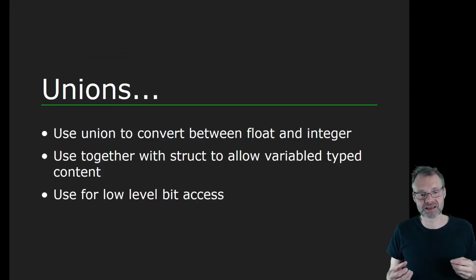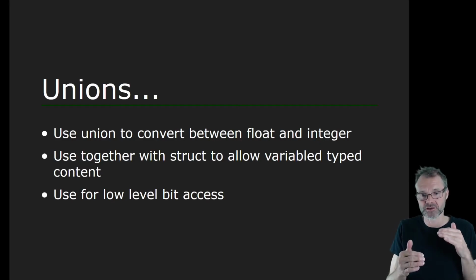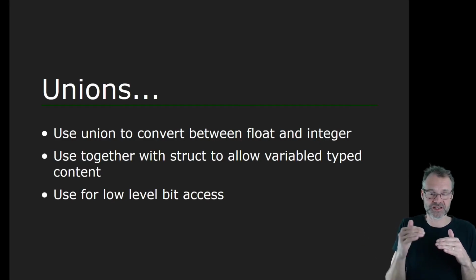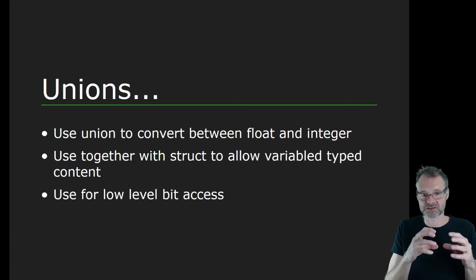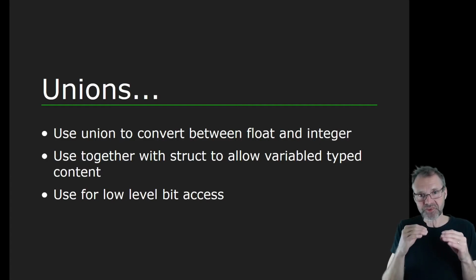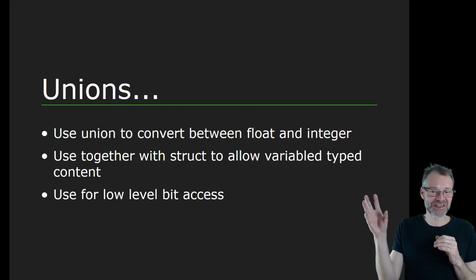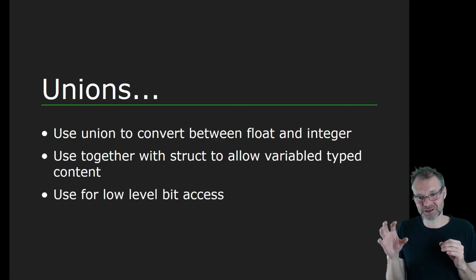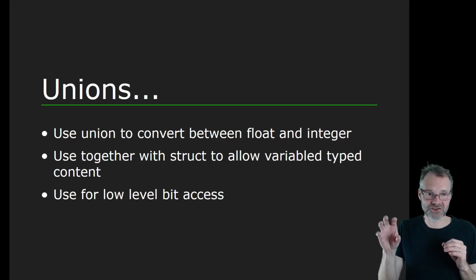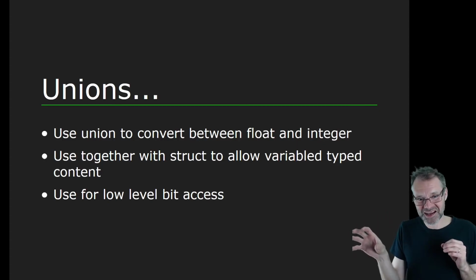Unions can be used in specific ways. Perhaps some say we use it to convert values between float and integer. We have a union containing one integer and one float, and we assign the value to it, and then we can read either the float value or the integer value. We could use unions to create typed values, so it can contain different types at different times.